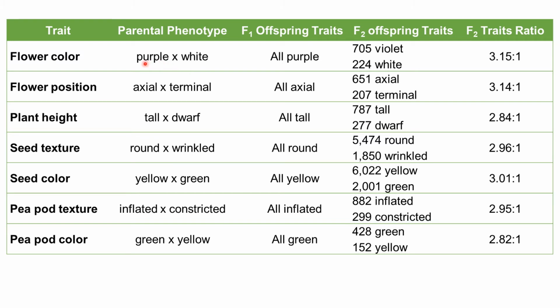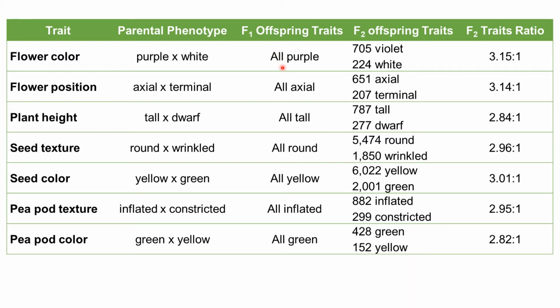Homozygous dominant na purple color, and then homozygous recessive na white color. Pero dito sa F1 offspring traits na, yung all purple na pea plant na yun, heterozygous na.